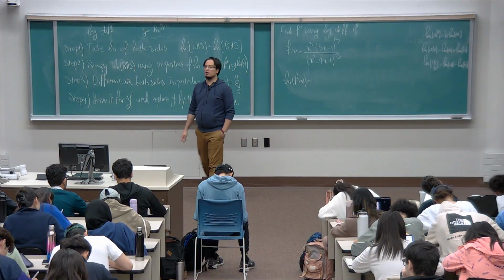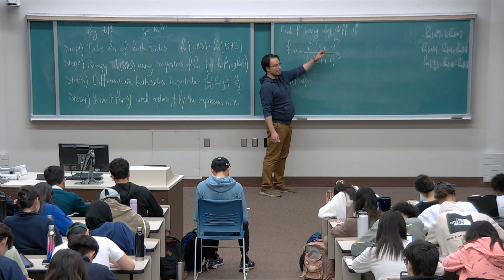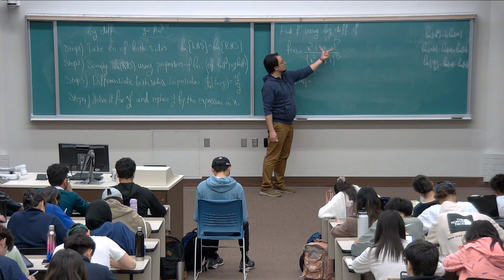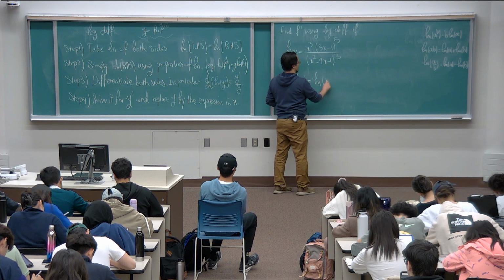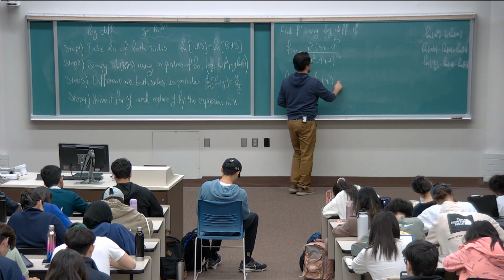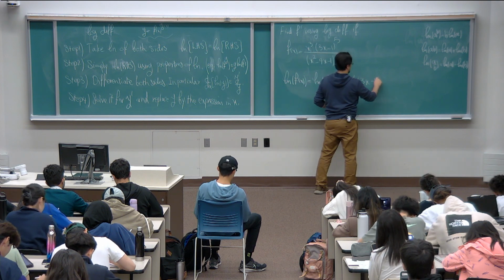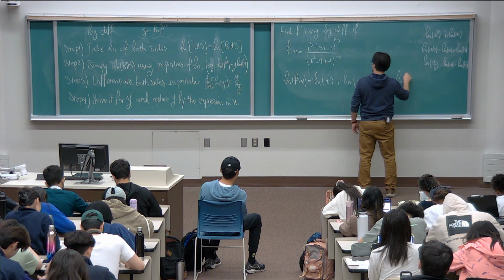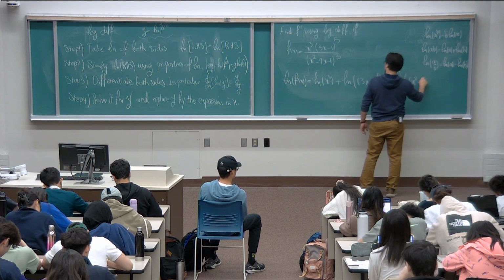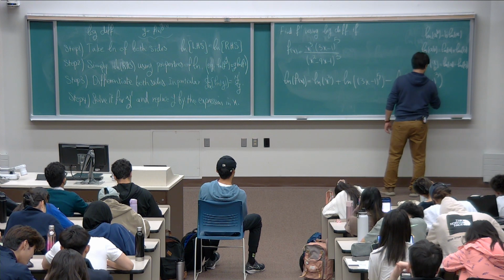Take ln of both sides. Then ln of this expression, there is this times that divided by that. So I can say ln of x cubed plus ln of (3x minus 1) to the power 5 minus, in the denominator, ln of (x squared minus 4x minus 1) to the power 3.